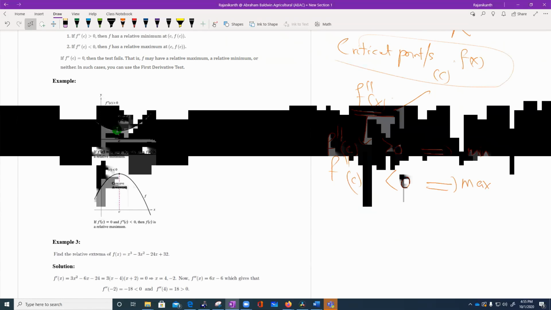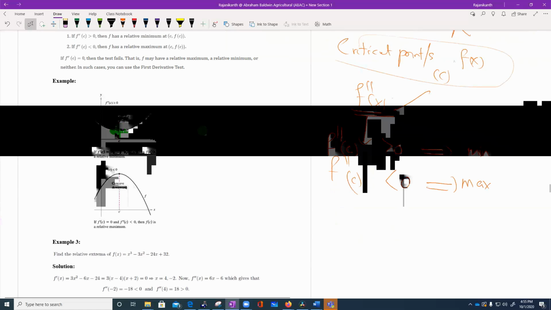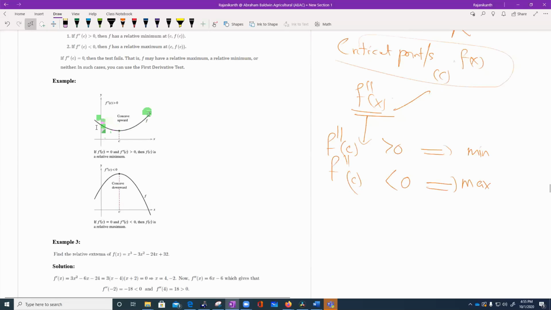So now we have tools, I could say, for connecting the second derivative and first derivative with the function to identify relative max or min. Now you have an idea about concavity also, right? If you want a relative minimum, the function of course has to have a concave upward trend. For a concave upward trend, your second derivative is supposed to be positive at that point.